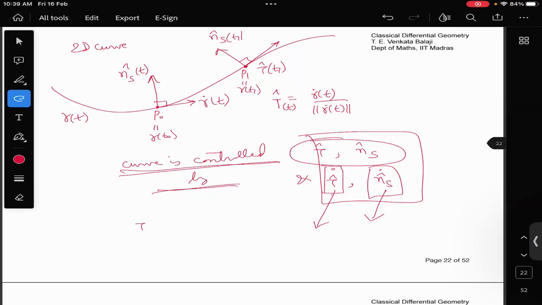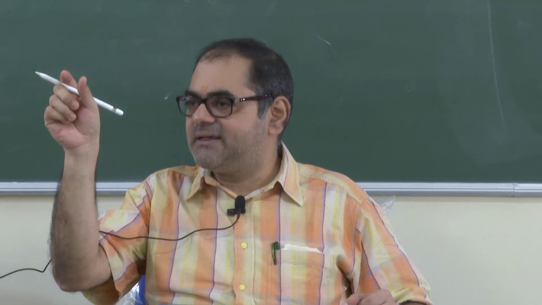Therefore you are writing T cap dot and N cap dot as linear combinations of T cap and N cap. That involves, of course, a 2 by 2 matrix. If you write a single vector, you write it either as a row vector or column vector. If you write two vectors, you will have two rows or two columns, so that's a matrix. So what do you get?